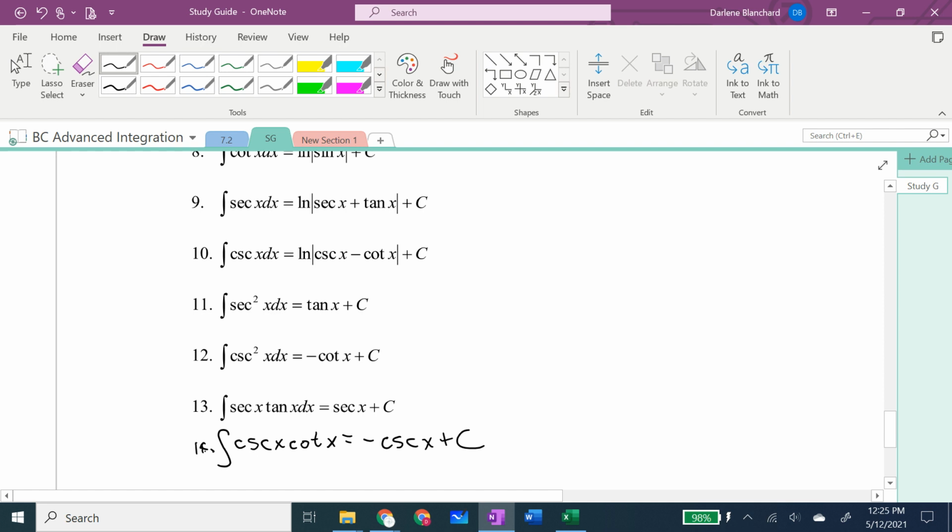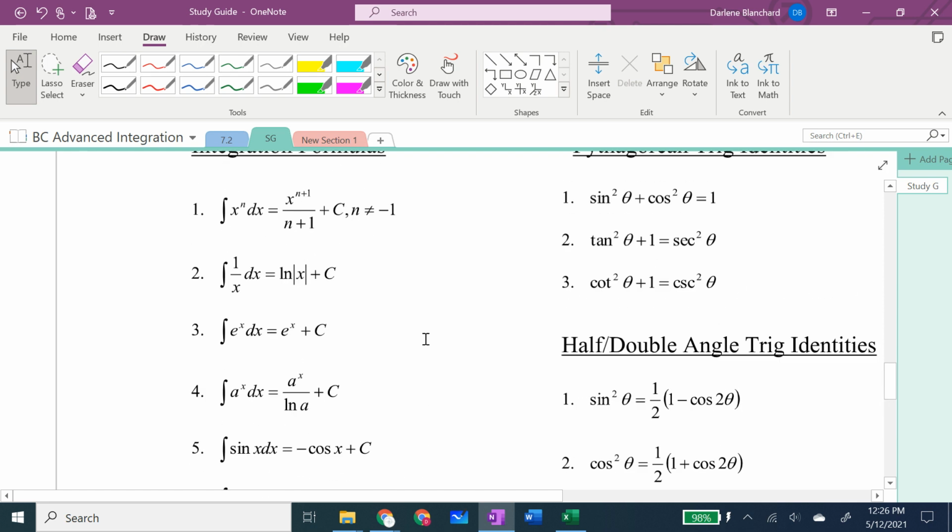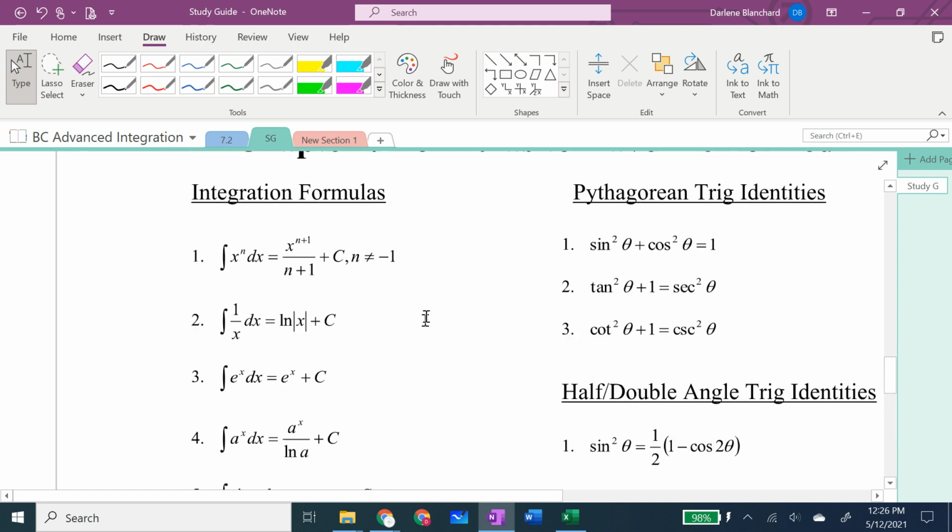You need to be ready for integrating any batch of trig functions. And these are only trig functions. We aren't multiplying by any polynomials. We aren't bringing in any exponentials with the trig stuff. You need to make sure, other than the trig stuff, these are the only formulas you need to remember.